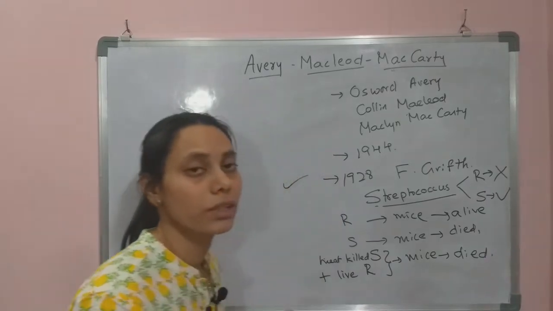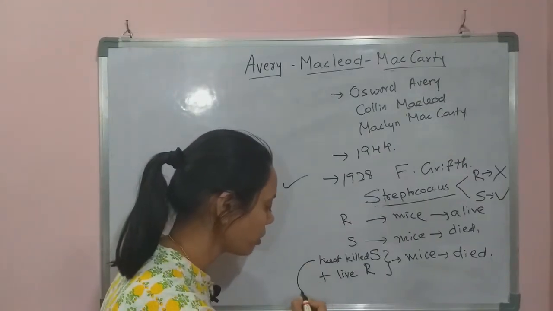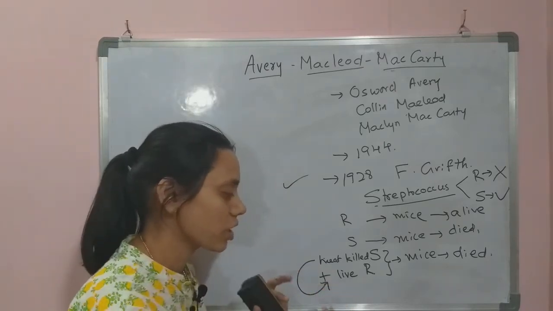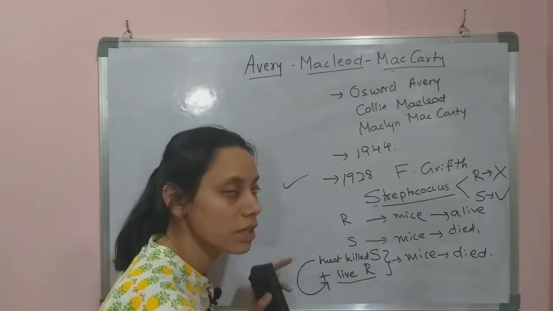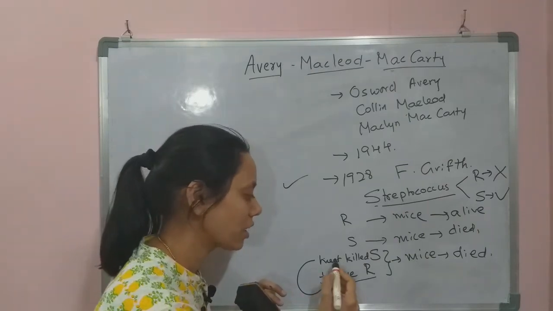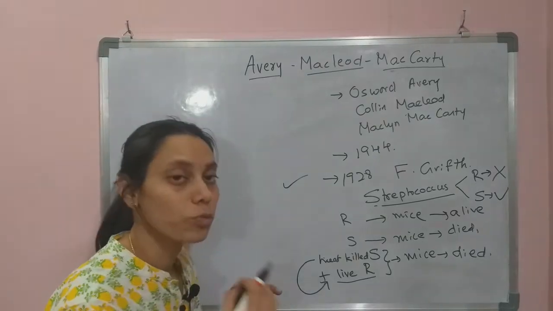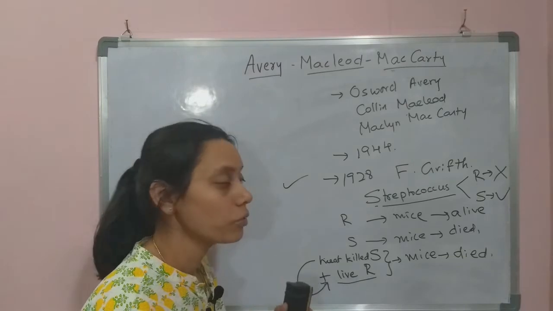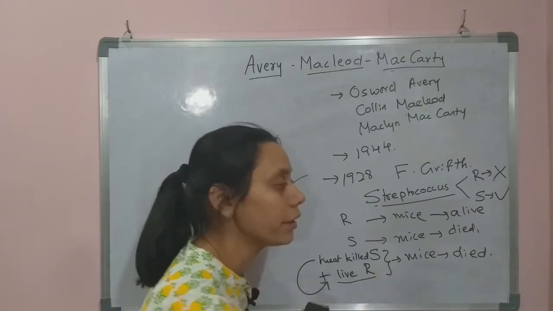He concluded that some change occurred in the live R strain when it was used along with the heat-killed smooth strain. That means some substance from the heat-killed smooth strain got transferred and is responsible for the transformation of the live R strain into a virulent strain that caused infection in mice, and the mice eventually died.